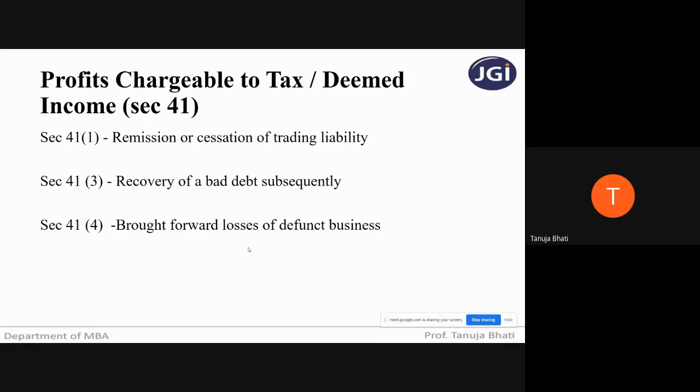So that is nothing but a business which is no longer in existence or no longer functioning, and in that case you have to consider it as a deemed income and then add it to your profits.